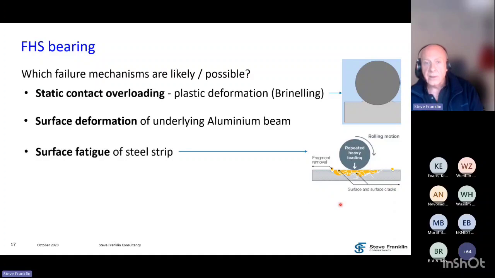Thirdly, we could have what's called surface fatigue. And this surface fatigue is when you roll. Usually, you see it with rolling contact.